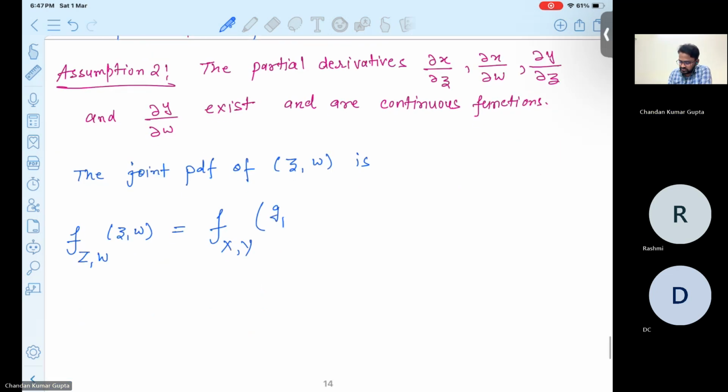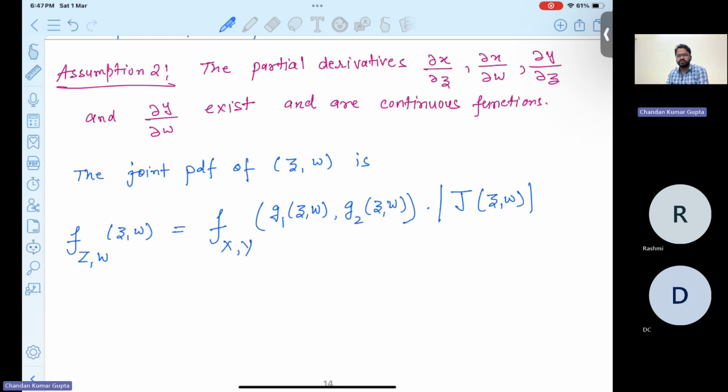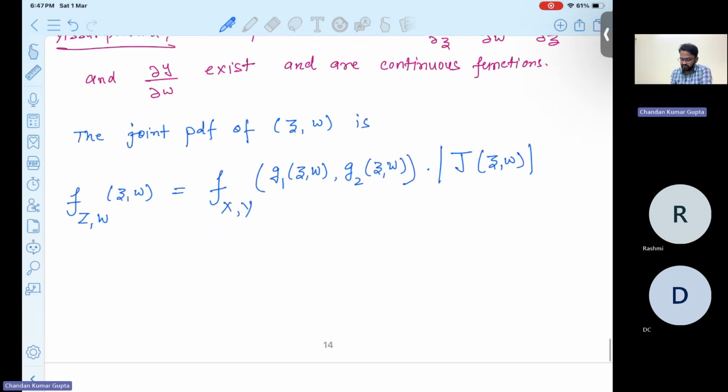Okay, g1 of z and w and g2 of z and w, then multiplied by the determinant of the Jacobian of z and w.